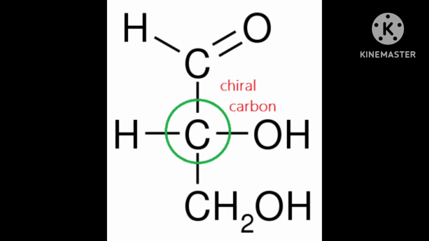The stereoisomers means both the mirror image and the original are stereoisomers, optical isomers. Now you try to understand here. The stereoisomers related to each other as non-superimposable means mirror image and original.